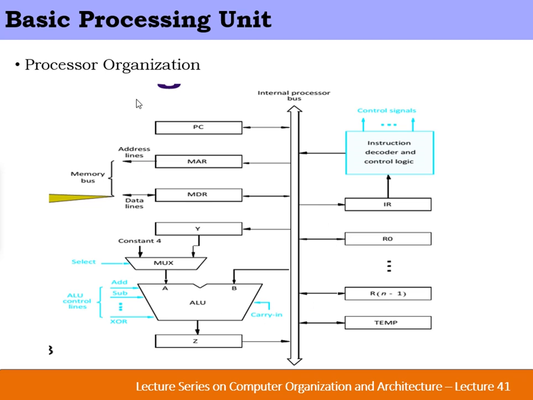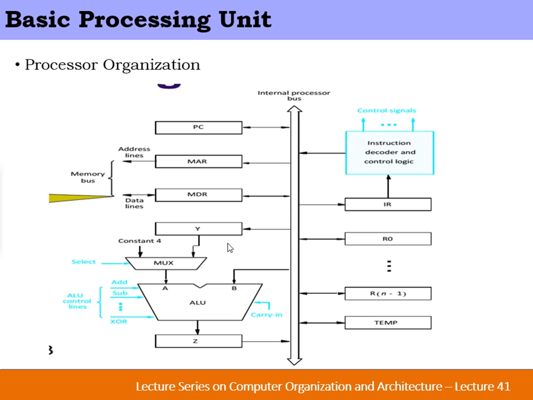This is how things are available internally inside the processor. We have a program counter, a memory address register, a memory data register, an arithmetic logic unit, and a set of general purpose registers like R0 to Rn-1. We have a decoder and control logic, and all these are connected with the internal processor bus.